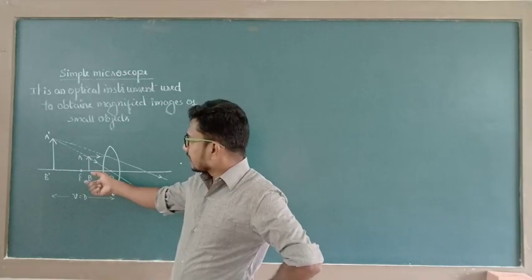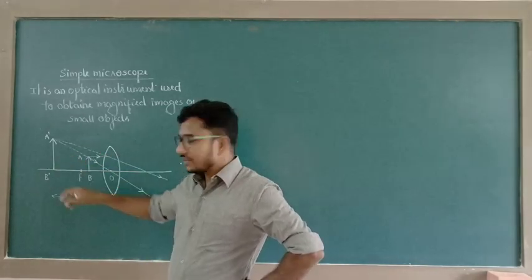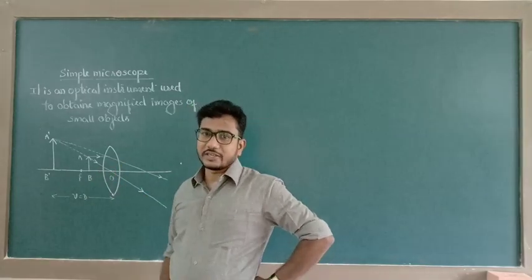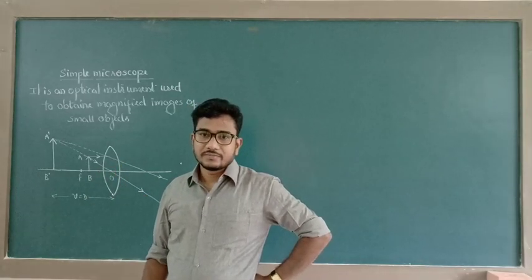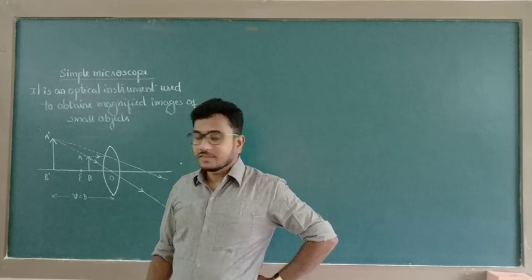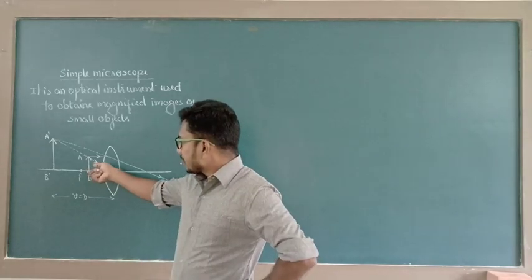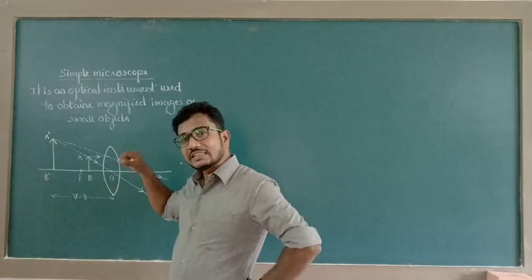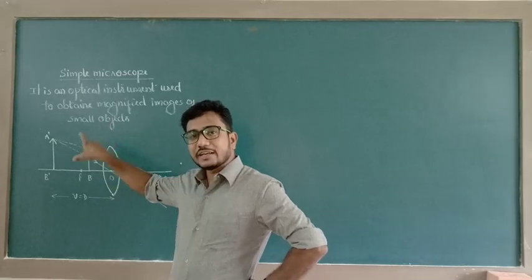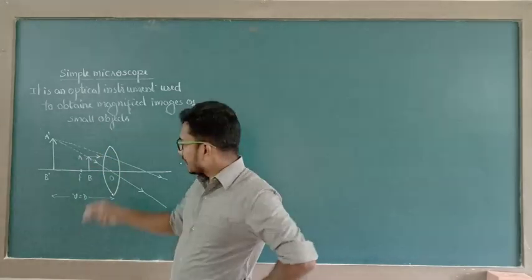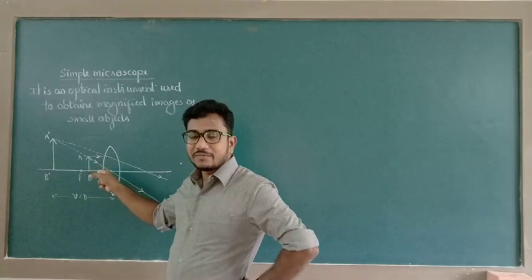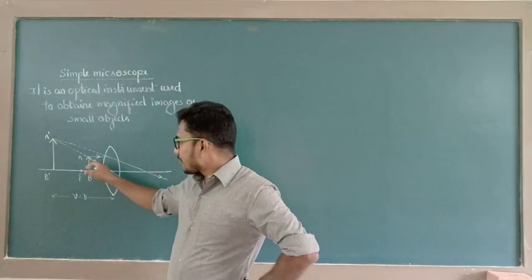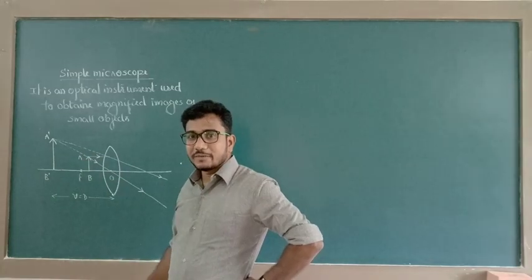But practically, the size of the image is different and the size of the object is different. We can say the angle made by the object is less than the angle made by the image, but according to this diagram, the angle made by the object is equal to the angle made by the image.